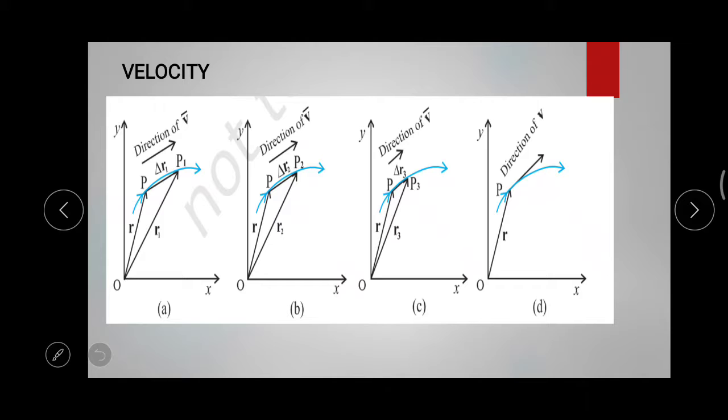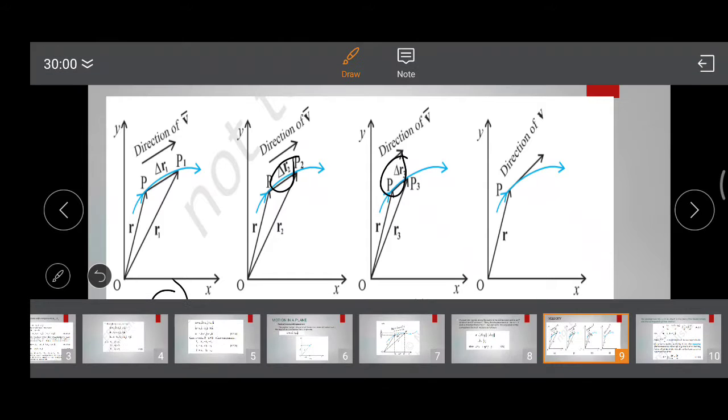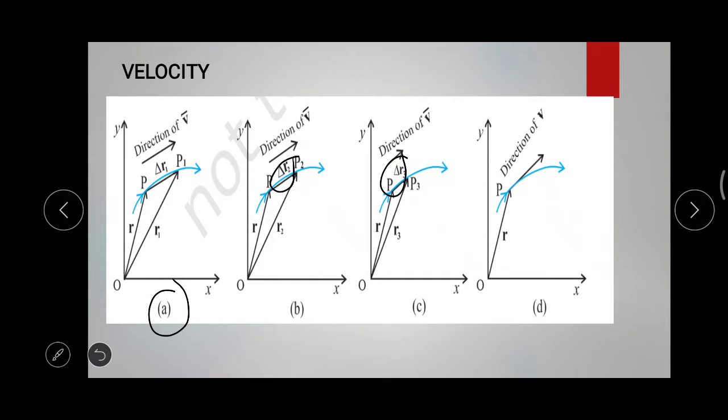In the first figure A, the time interval is a little bit larger and the displacement is also larger. In the second one the time interval is reduced and delta r2 is also reduced, and in the third one again delta r3, where the time interval is small compared to A and B.